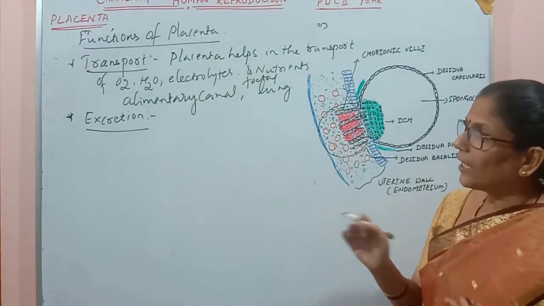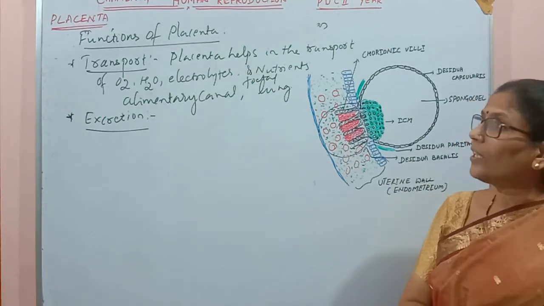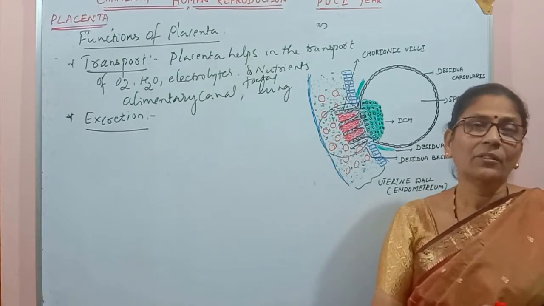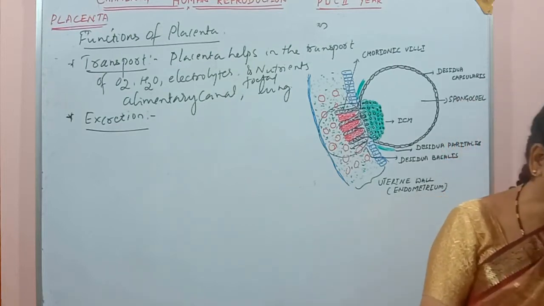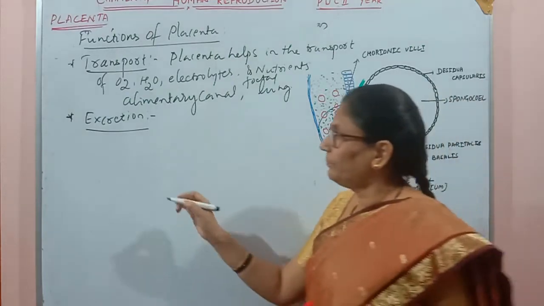So this is another function, where the placenta acts as a fetal kidney. The next function is barrier.